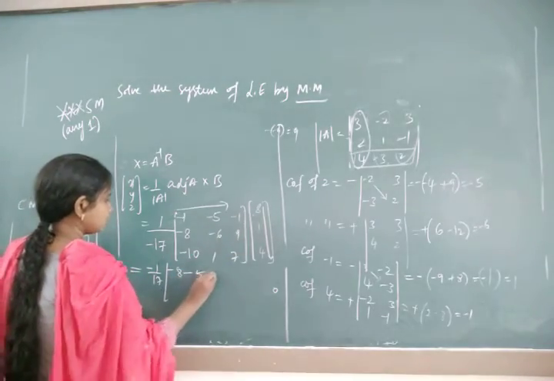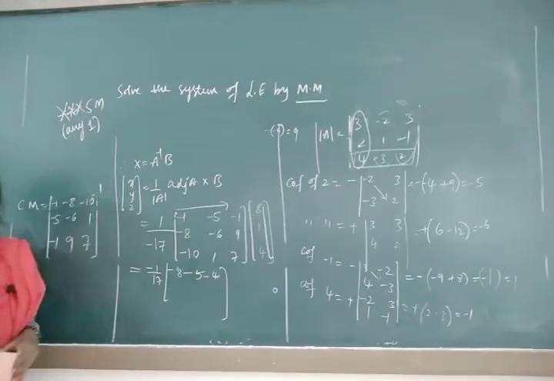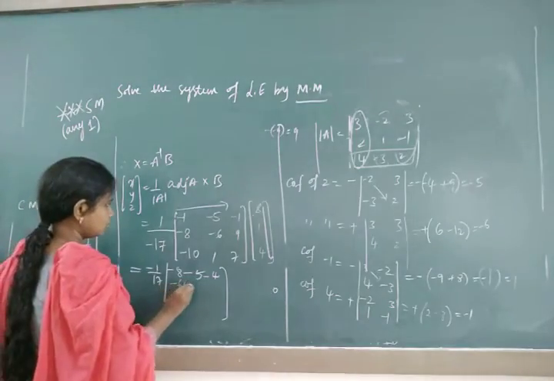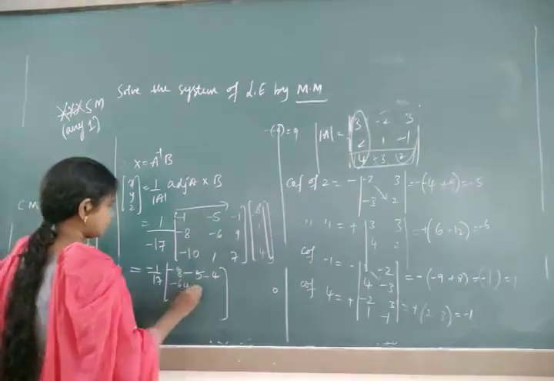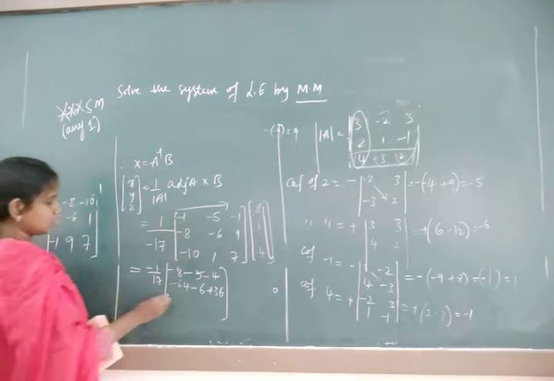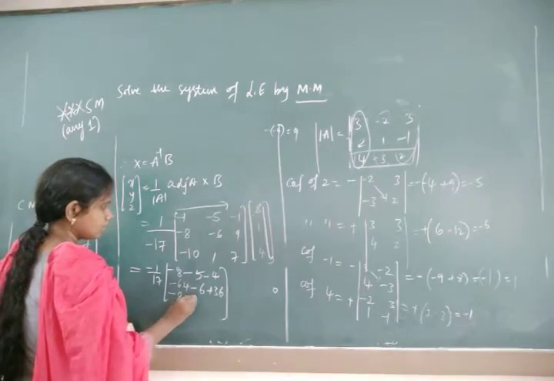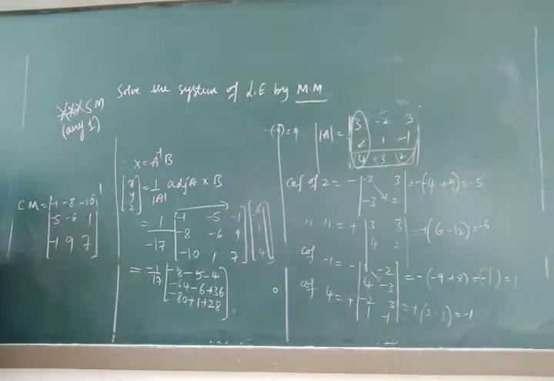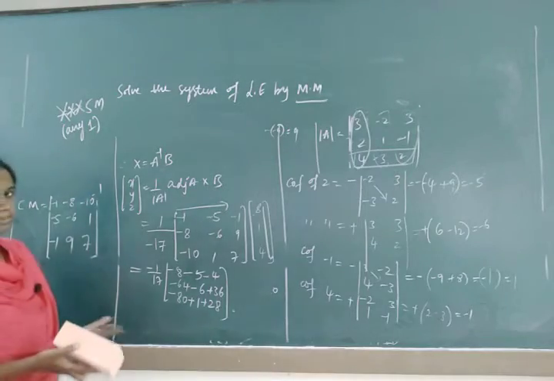Minus 1 into 4, minus 4. Next what you will take? Minus 8 into 8, minus 64. Minus 6 into 1, minus 6, plus 9 into 4, 36. Minus 10 into 8, minus 80, plus 1 plus 4 sevens are 20. Now the remaining is simplification.